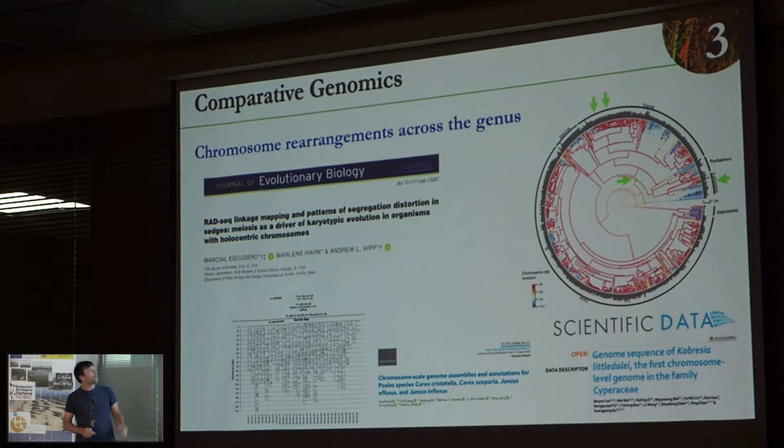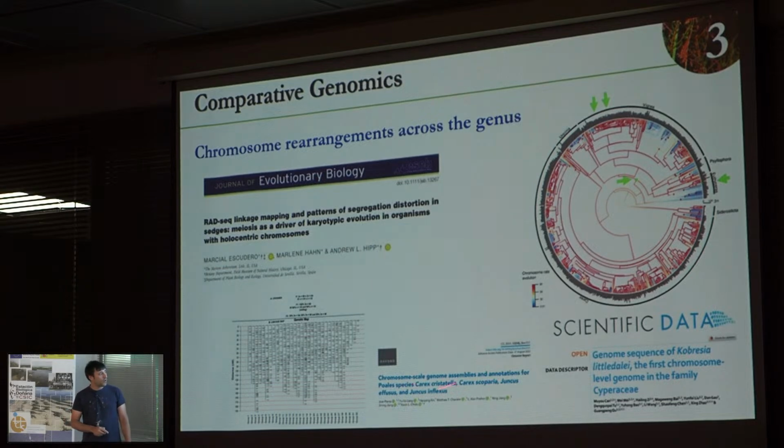So now I'm going to tell you a little about the comparative genomics for this part of the talk. We have several data sets. First, we have a linkage map for a species named Carex scoparia that is from Eastern North America. We also have a whole genome from the same species, Carex scoparia.